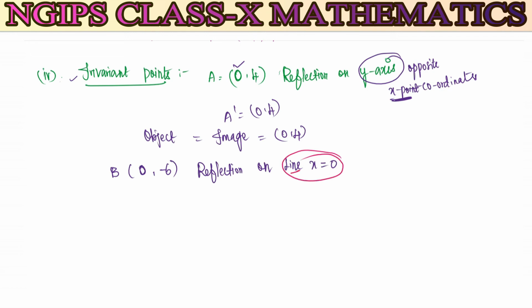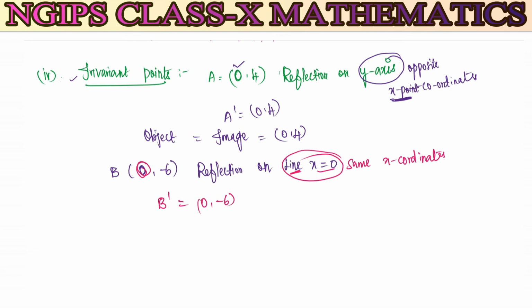When it is x is equal to 0, the x coordinate itself we need to take here. So the x coordinate we have is 0. For 0, it is neither positive nor negative, so we cannot apply the sign for 0. So we got the image of B, B dash is equal to 0 comma minus 6. So we got the same values.